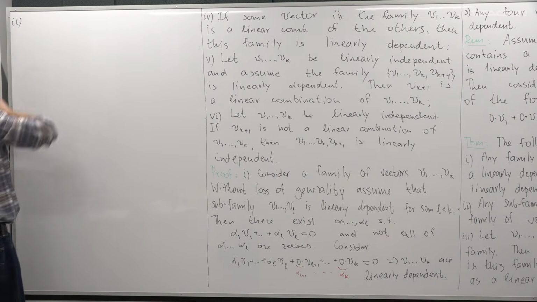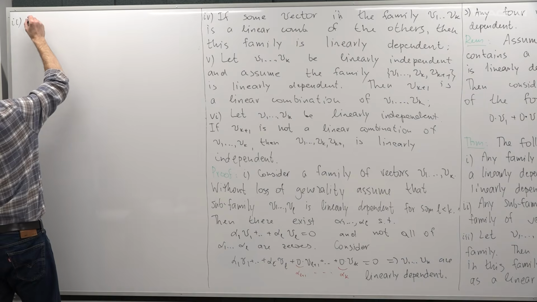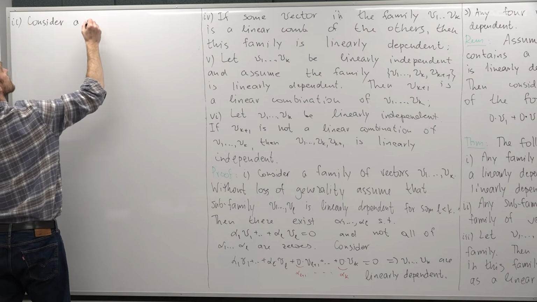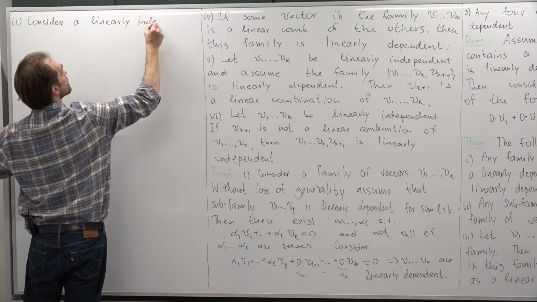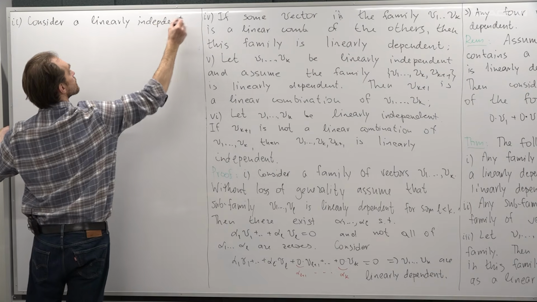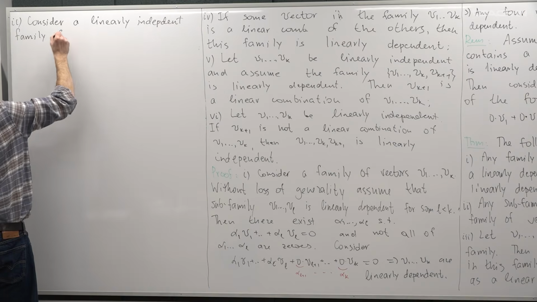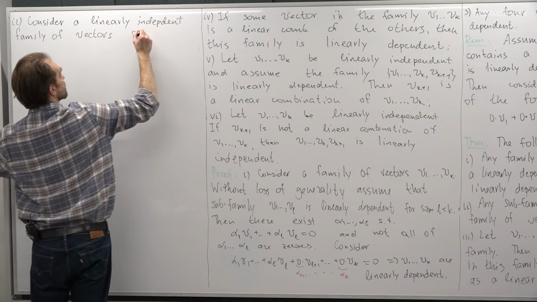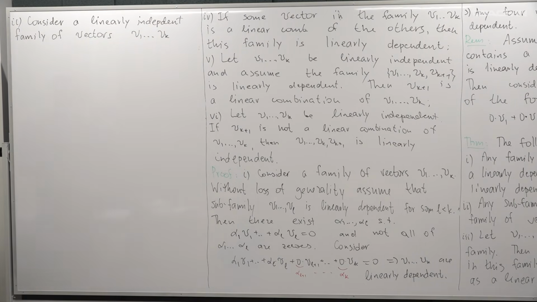So the second part, so here we have a linearly independent family of vectors v1, etc., vk, and we need to consider some of its subfamily.